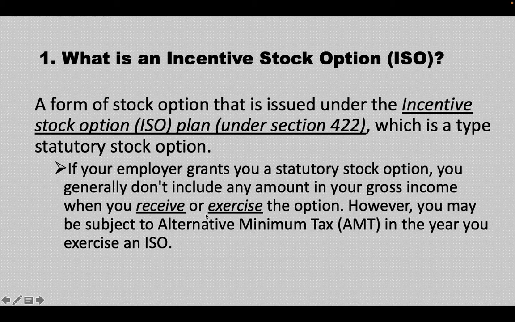So one thing to understand is when you are granted and exercise, you do not pay ordinary income tax on the option. So AMT here, I'm going to discuss in another video. It's less concerned. It's more concerned if you meet the requirement as an ISO.